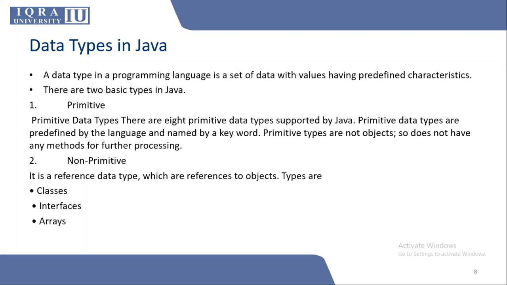There are 8 primitive data types supported by Java. Primitive data types are predefined by the language and named as a keyword. Primitive types are not objects, so they do not have any method for further processing.